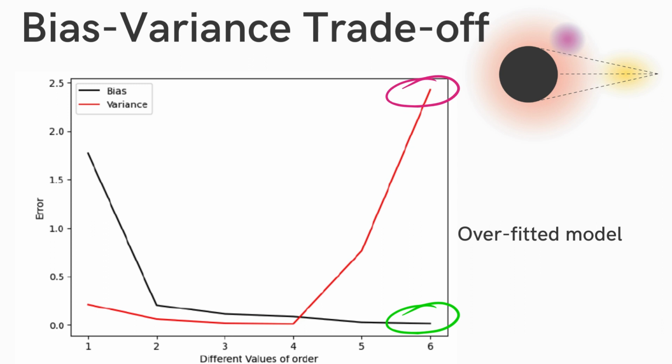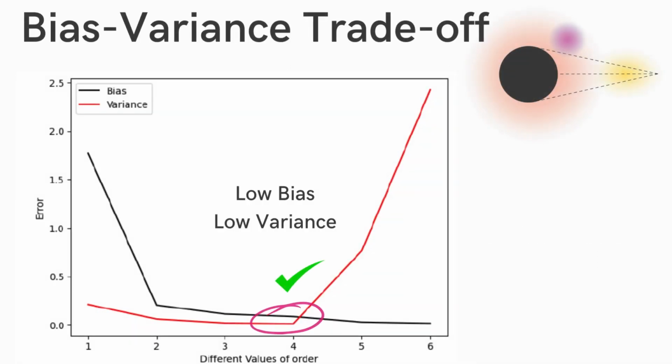All right. So the objective of machine learning model performance fine-tuning is to find the hyperparameter that provides low bias, low variance. In this particular case, we can see the order degree 4 has the lowest variance and lowest bias. Okay, at degree 4, you have both low variance and low bias.